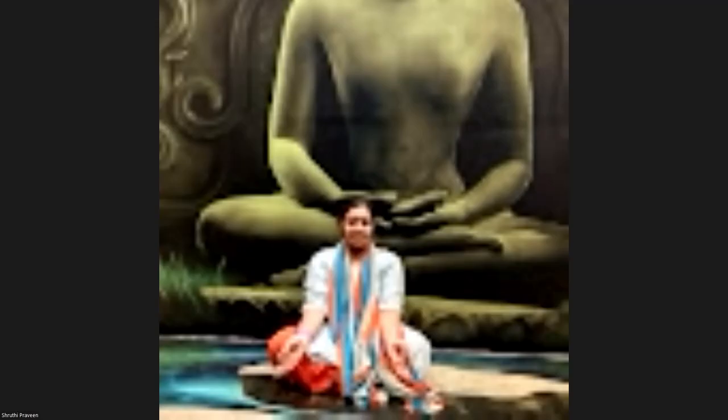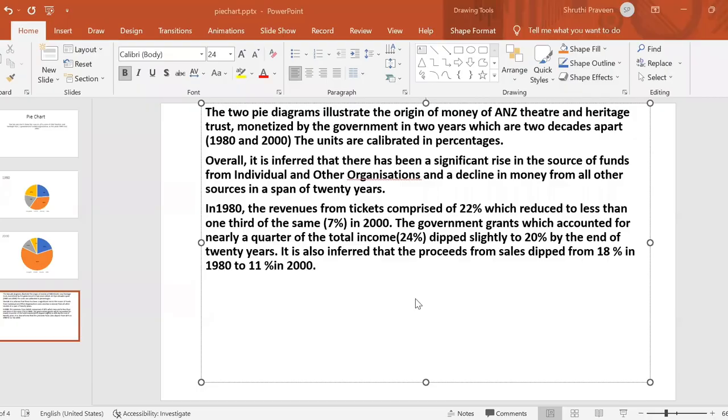My last paragraph, that is body paragraph 2 or the fourth paragraph. I'm going to put the individual and other organizations. From 36% it has increased to 62.